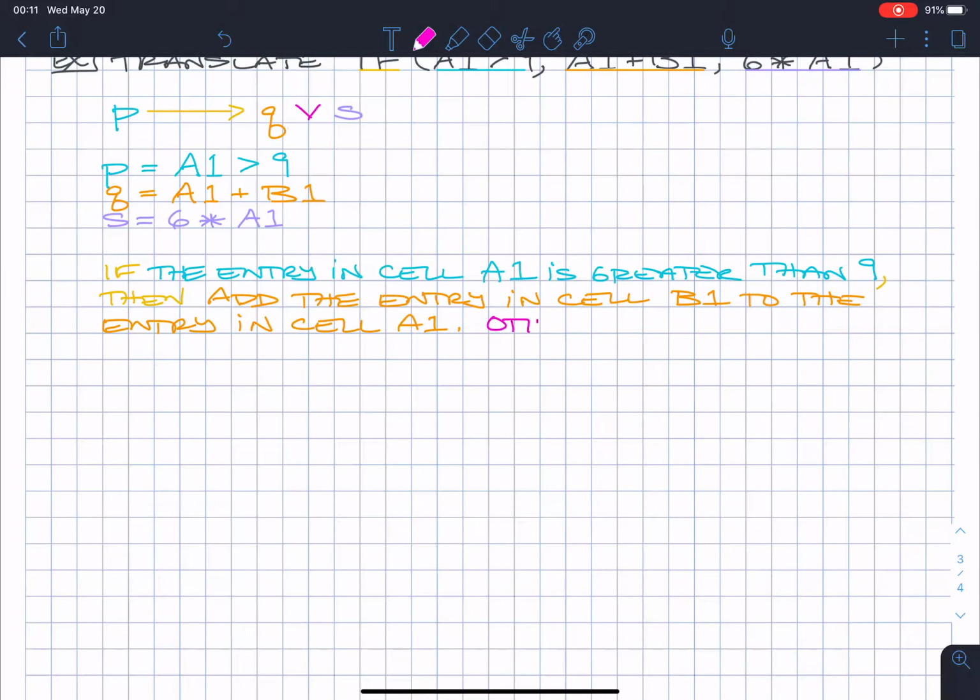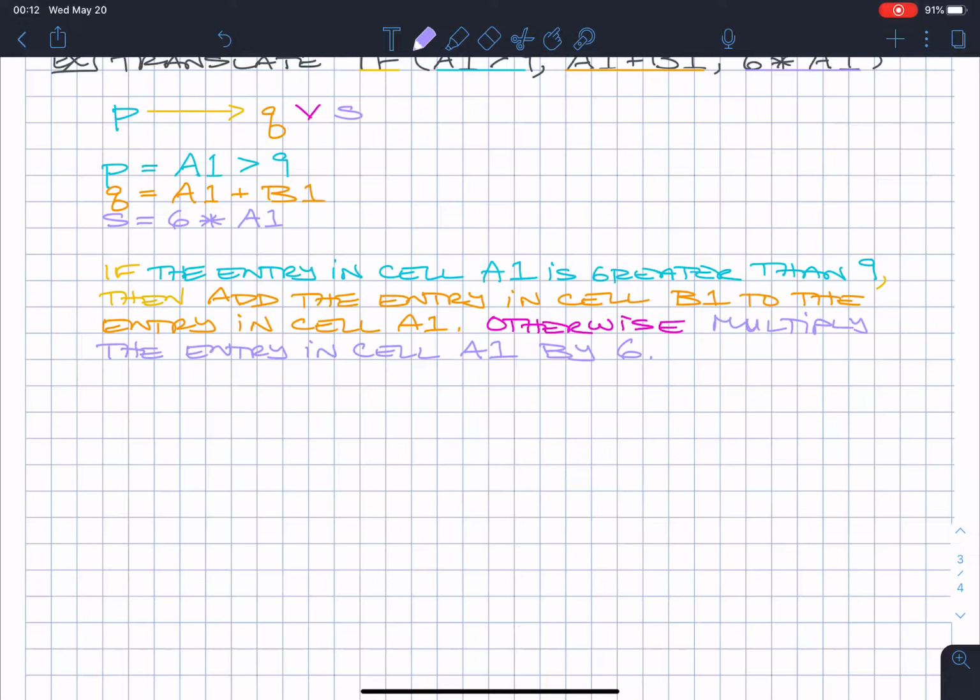Otherwise, multiply the entry in cell A1 by 6. Actually, I'll just write it as a number.